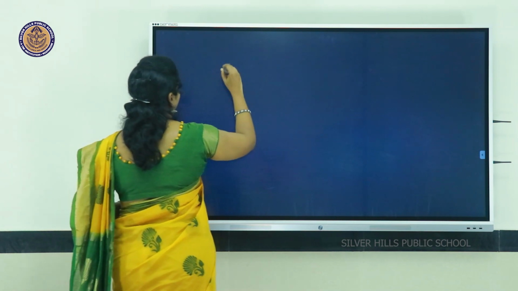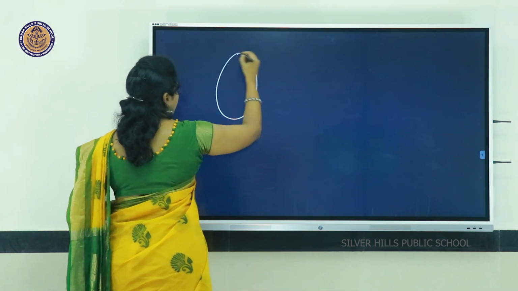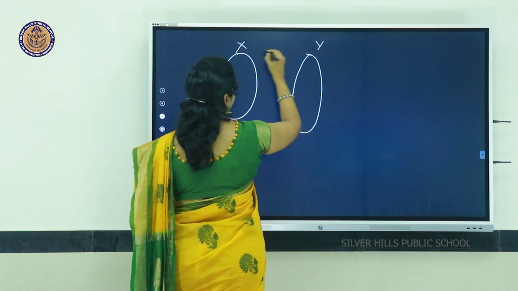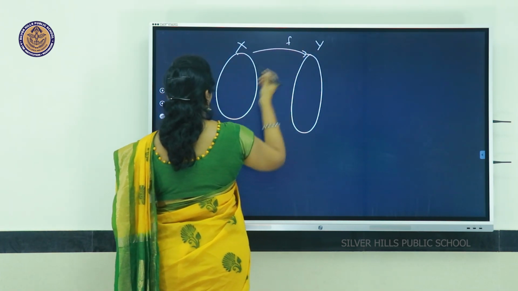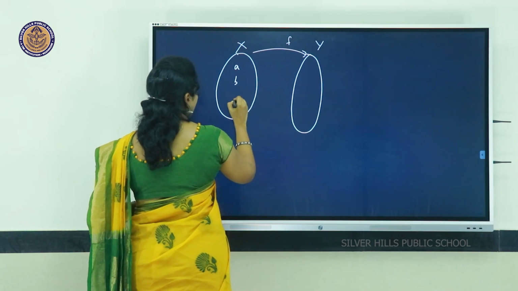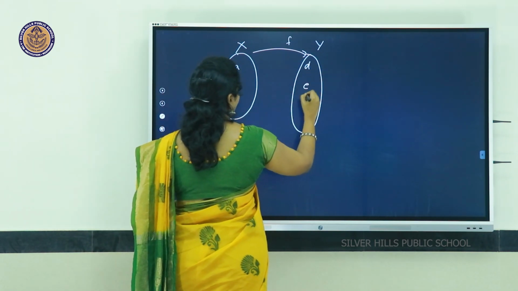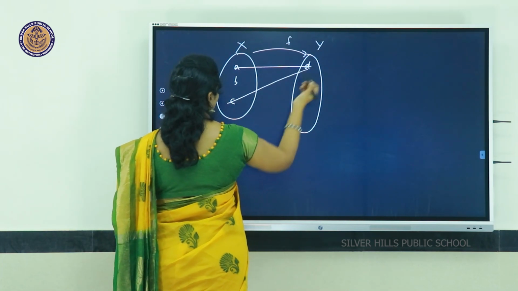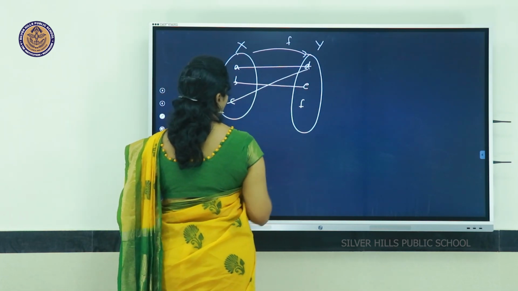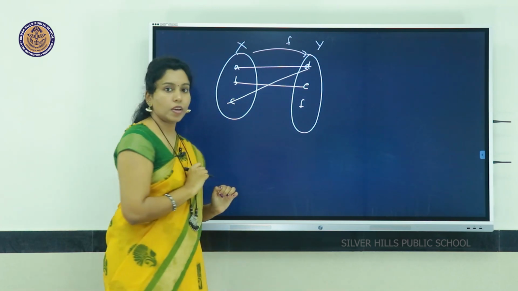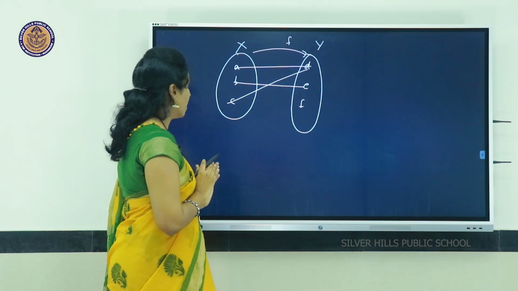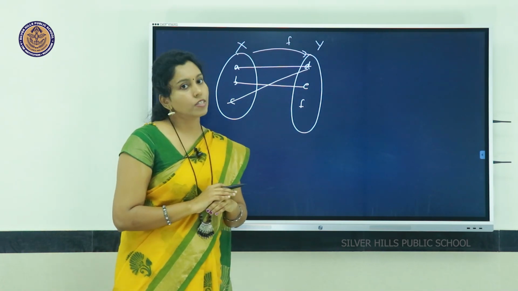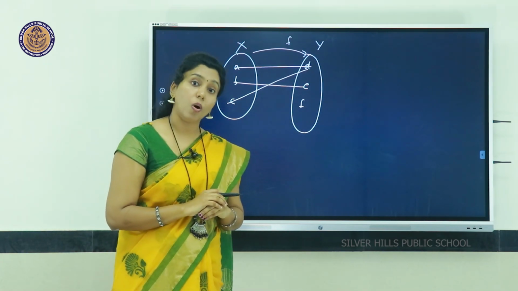Say, x, y, and you have a function, a, b, c, d, e, f. Okay. So, look at this one function. By looking into the figure, can you tell me whether this function is onto?